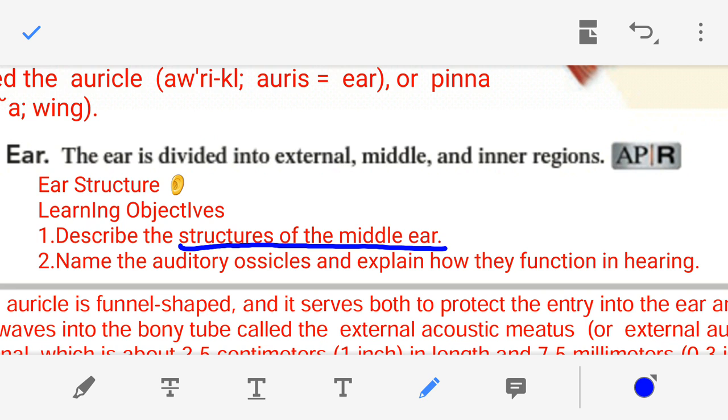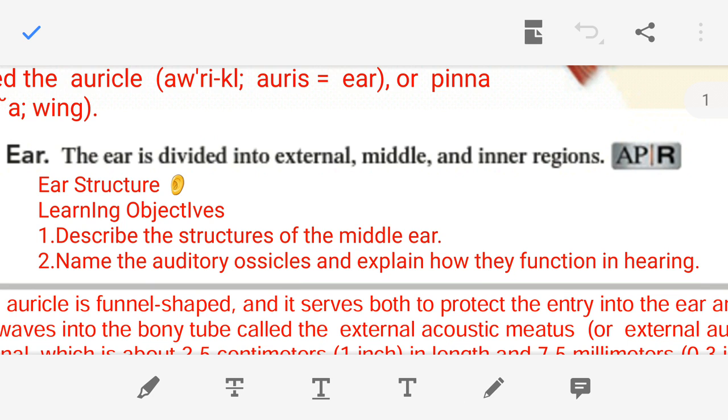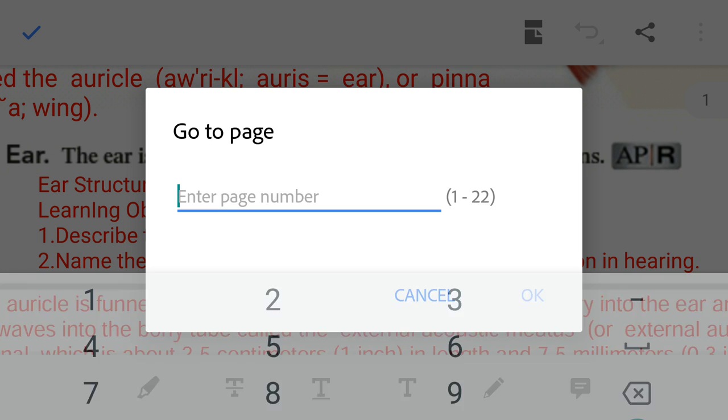Then we are going to discuss the auditory ossicles: what they are, what role they play, what the functions of the auditory ossicles are, and how these auditory ossicles are involved in the function of hearing. So now we are starting our discussion.